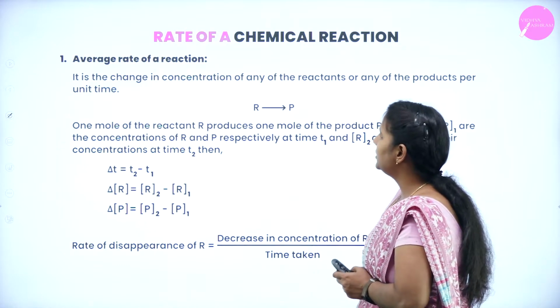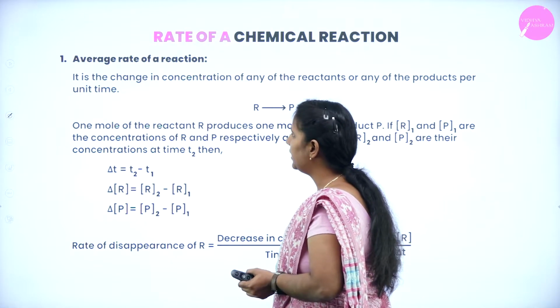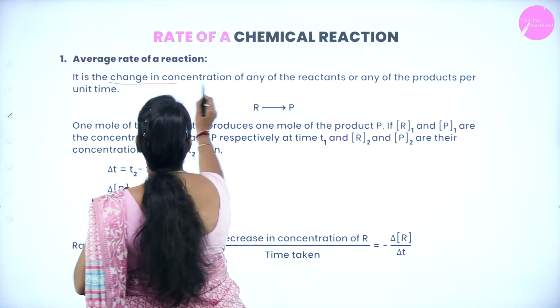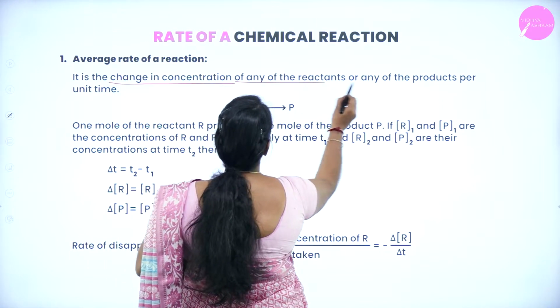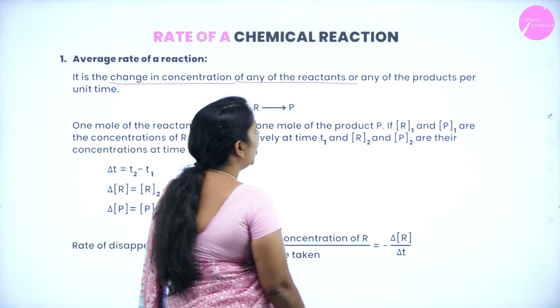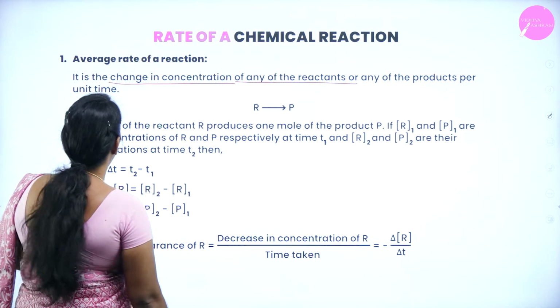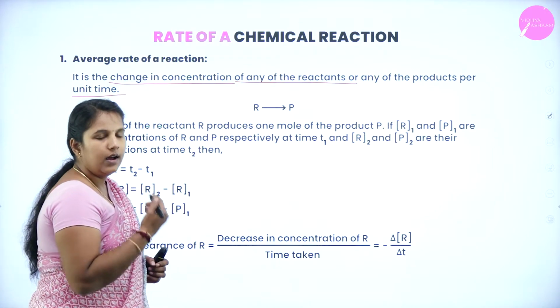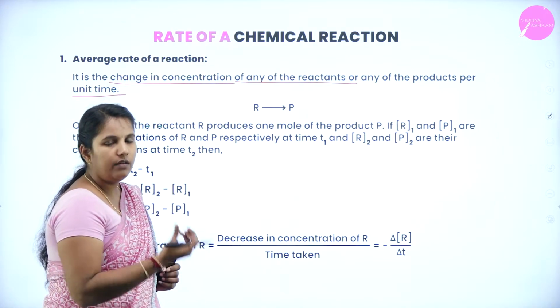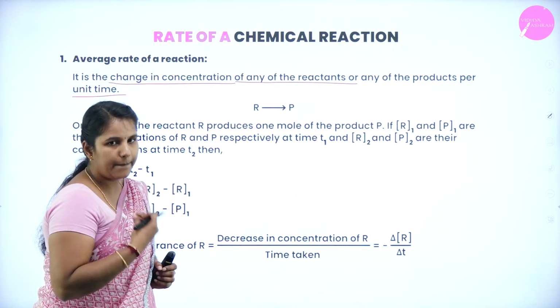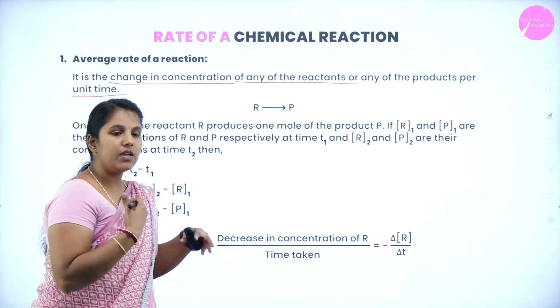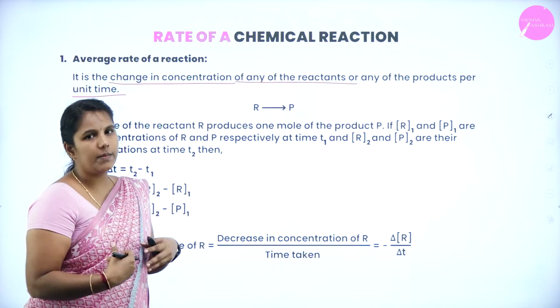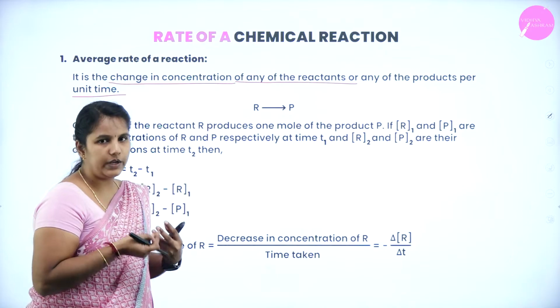So, average rate of the reaction can be defined as the change in concentration of any of the reactants or any of the products per unit time. It may be either a reactant or a product, with a unit time.